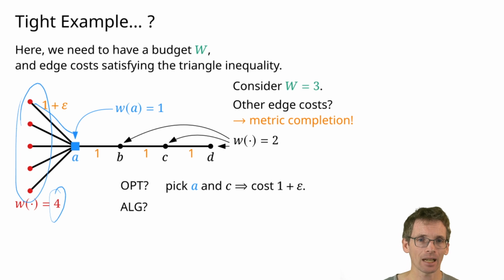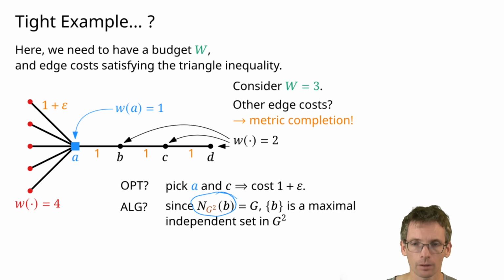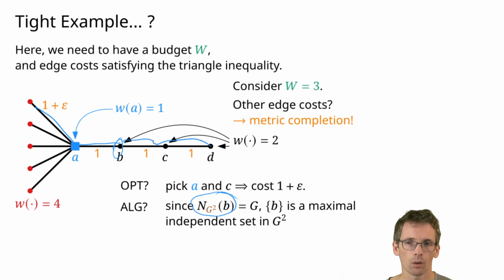But at that point now, in the square, we have that all vertices are in the neighborhood. At this point, with 2 steps, I can reach any vertex from B. So B is a maximal independent set. Now what did the algorithm do?